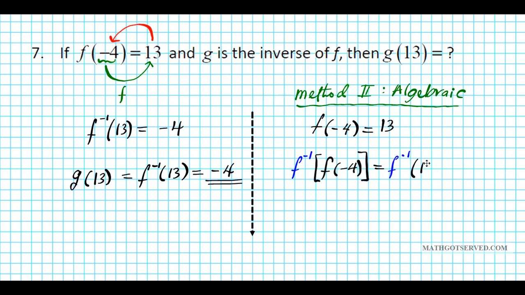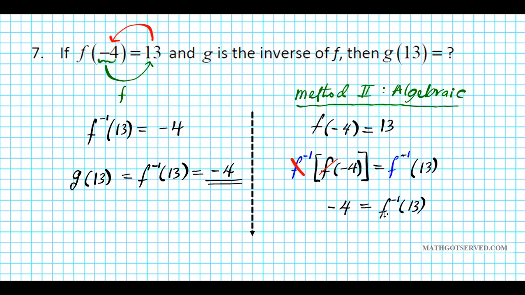Okay, so all I'm doing is taking the inverse of both sides. Now take a look at the left side. How does f inverse and f interact? Well, f inverse and f are opposite functions. So what they do is cancel each other out. You're left with negative 4. Negative 4 is f inverse of 13.